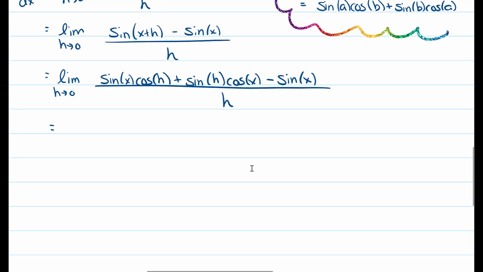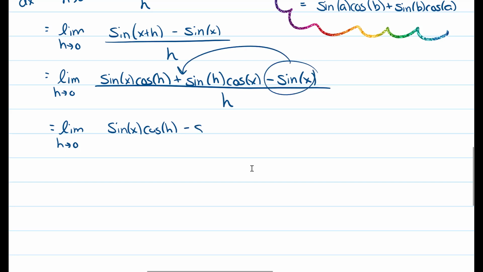I'm going to rearrange my terms a little bit. I'm going to write this as the limit as h approaches 0 of sine of x cosine h, and I'm going to bring this sine of x and put it in the middle. So negative sine of x plus sine of h cosine x, all divided by h.